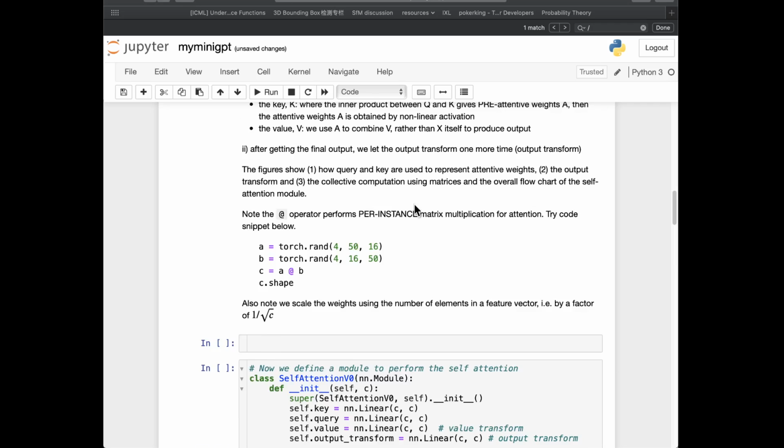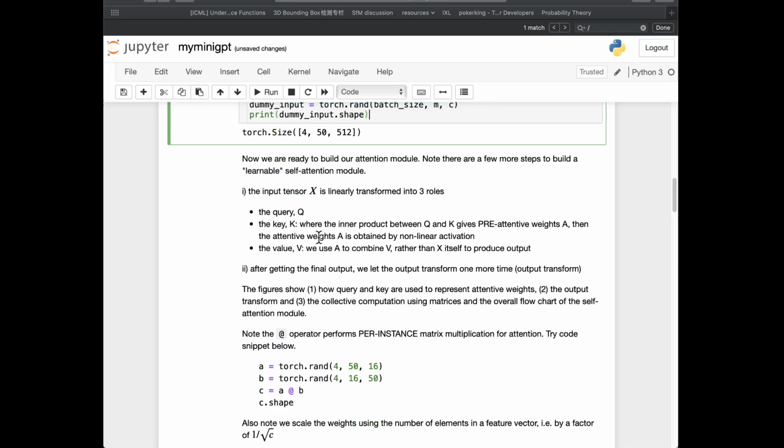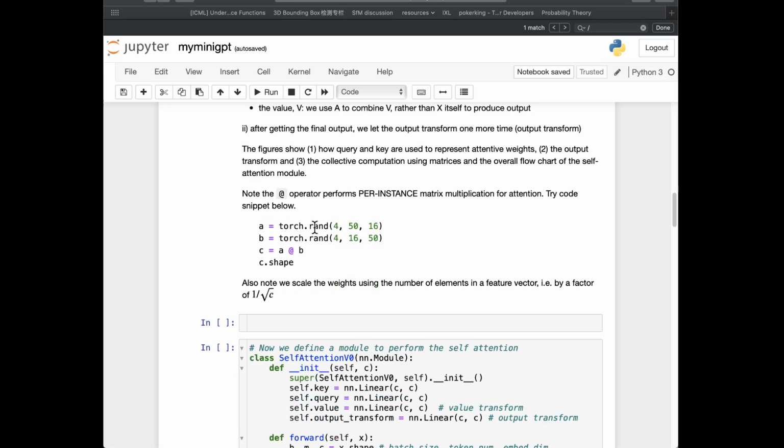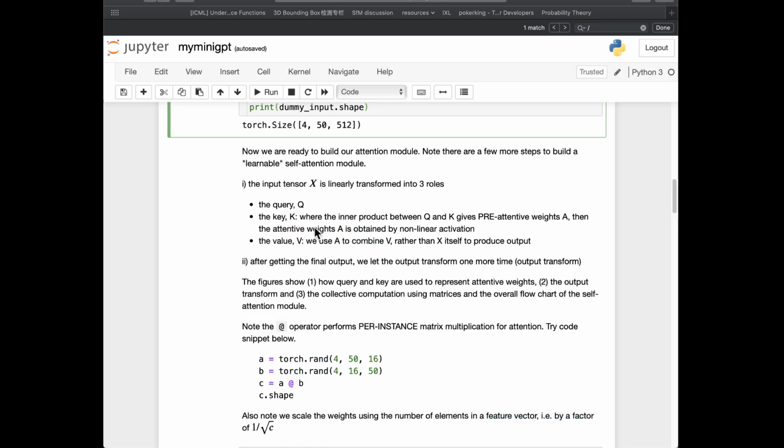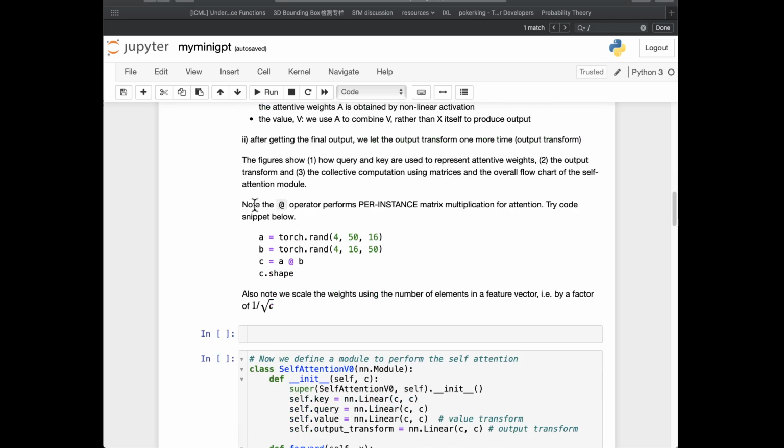Here are some instructions to compute the attention, but I will build that line by line here, and you can read this later with this notebook. Let's first get the shape so that we can save some typing later. We call those B, M, and C to be the shape.